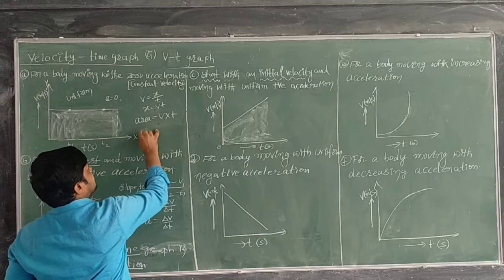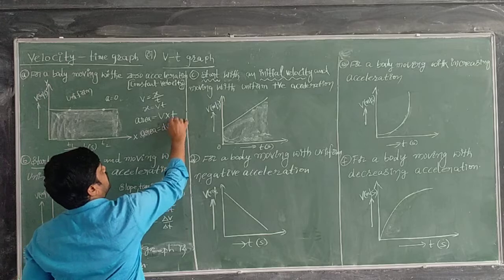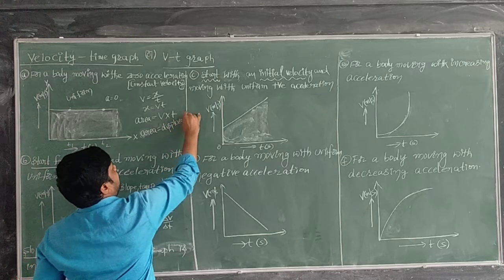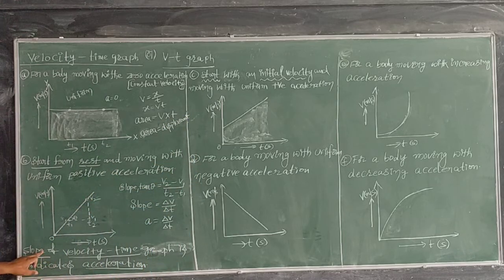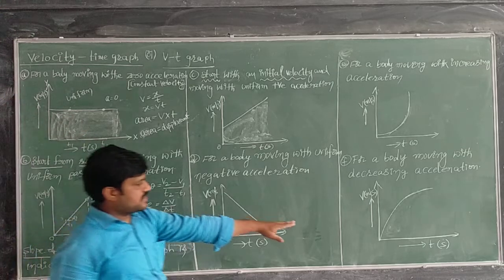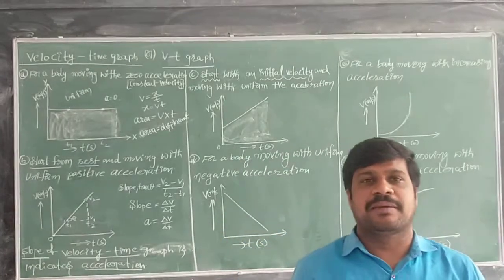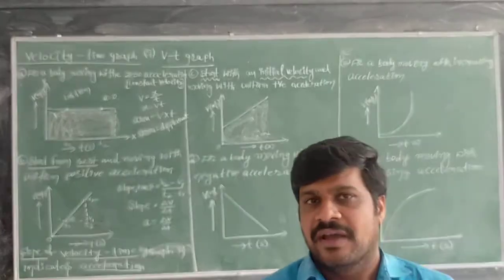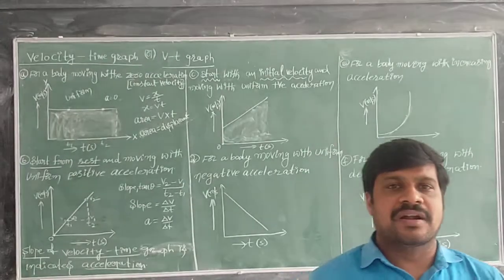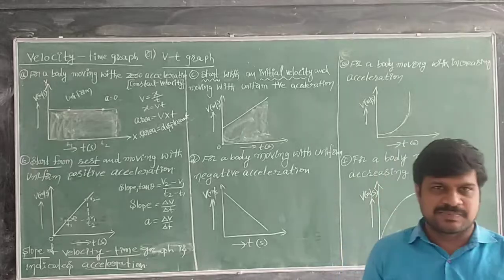That means the area under the velocity time graph is equal to displacement. Write both points after the sixth graph. Put the note: the slope of the velocity time graph indicates acceleration, and the area under the velocity time graph is nothing but displacement.